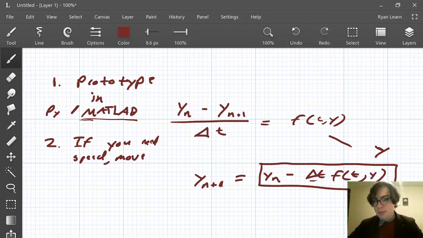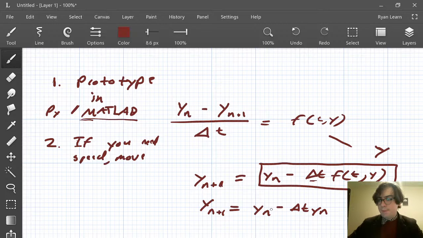And in this case, that would just be y. So in our specific problem here, yn plus 1 is equal to yn minus delta t times yn. And so on. And so we can just plug this in as our forward Euler step.